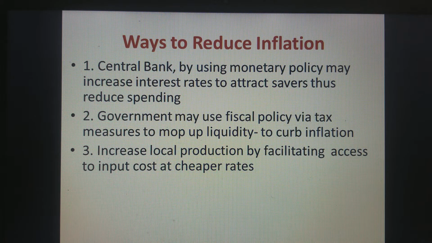So what the government can do is to put in some measures to encourage and facilitate local production. How do they do that? They may offer subsidies to different sectors and industries, and that will reduce their cost of production and hence increase local production.